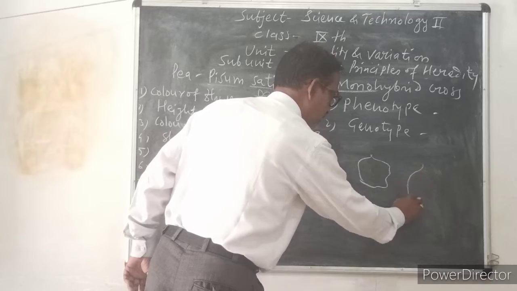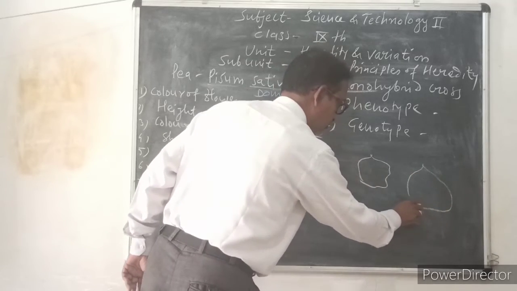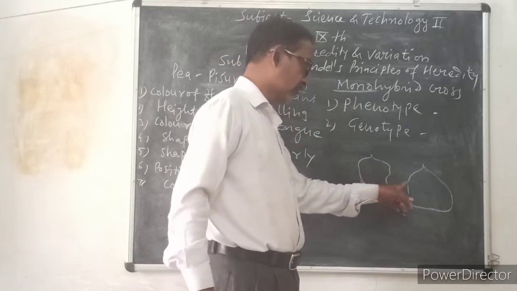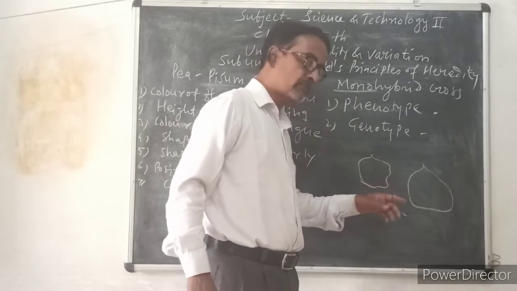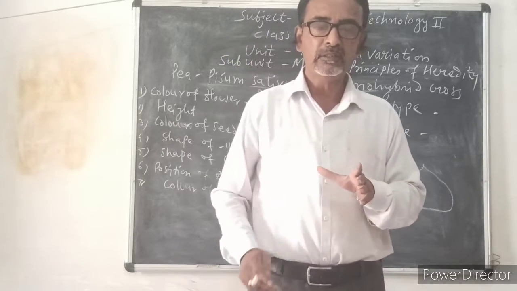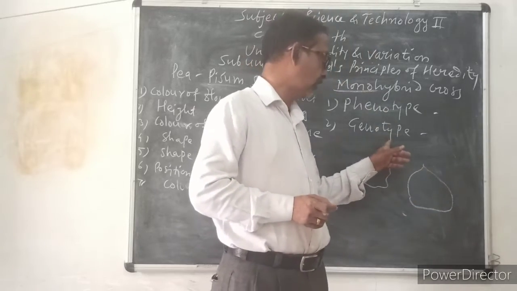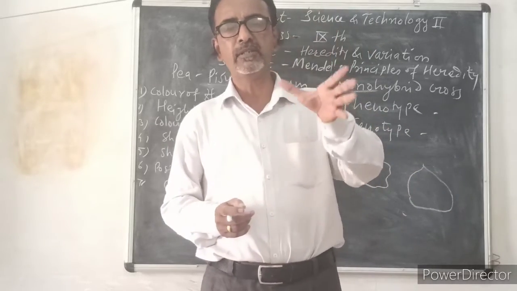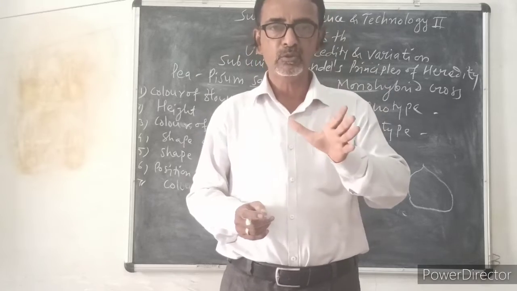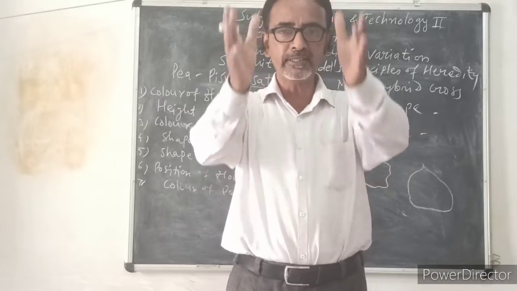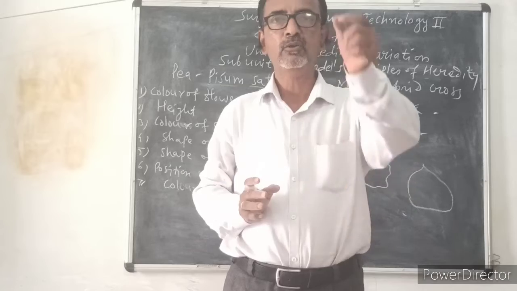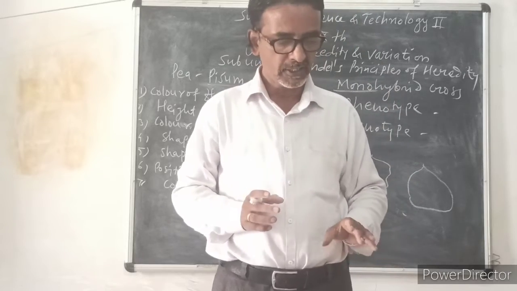And Kabuli chana is like this. So this is wrinkled. So in this way, the phenotype is that character which is the external appearance of the organism. So by looking at its external appearance we can immediately identify which is the dominant and which is the recessive character.